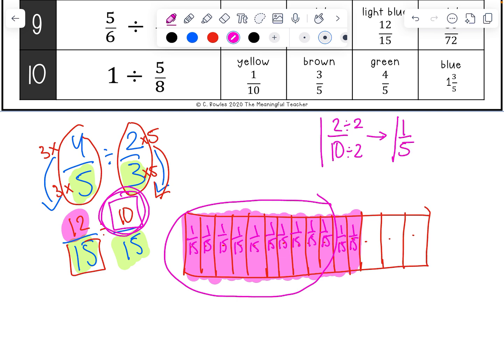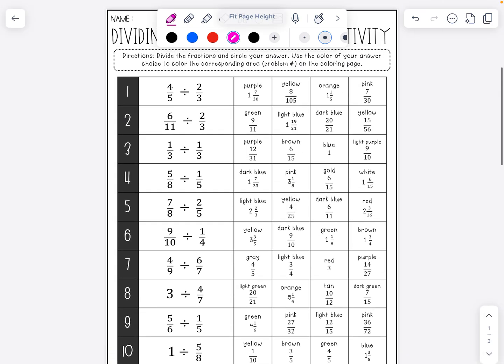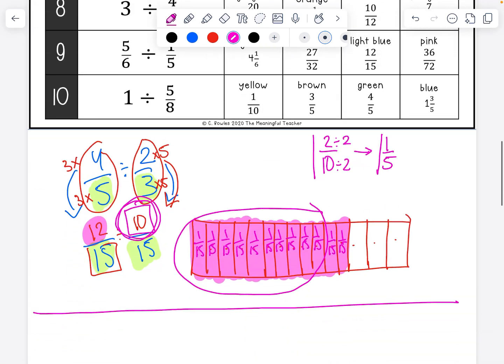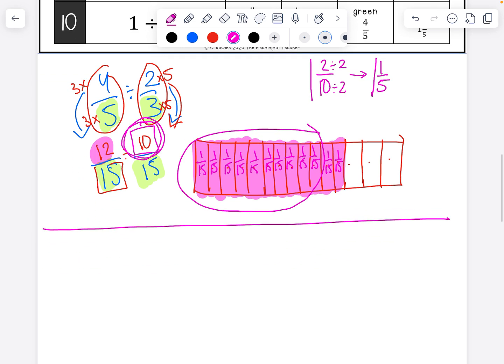What I'm going to do now is also solve this problem a different way. I can see up here I did get 1 and 1/5, so I did it correctly. But I also want to solve this just doing common denominators and dividing across. So remember, you can do it by modeling this way, but if you don't want to do modeling and you would like to just do common denominators, you can do that also.